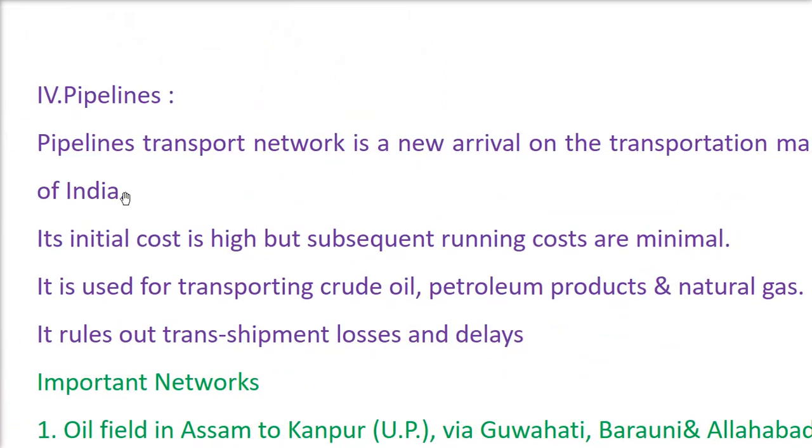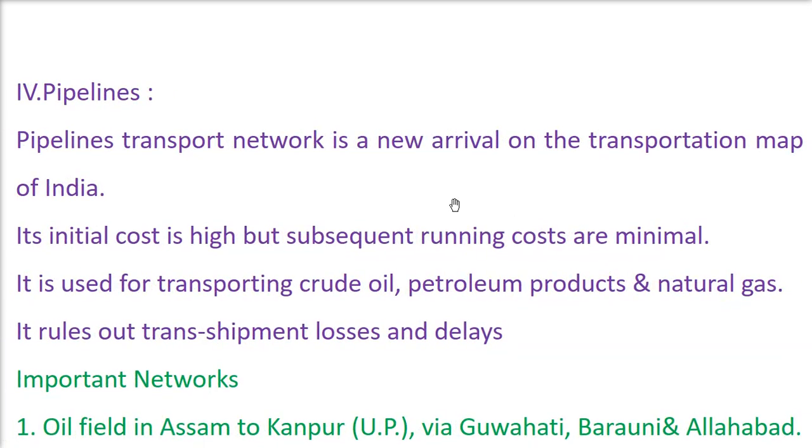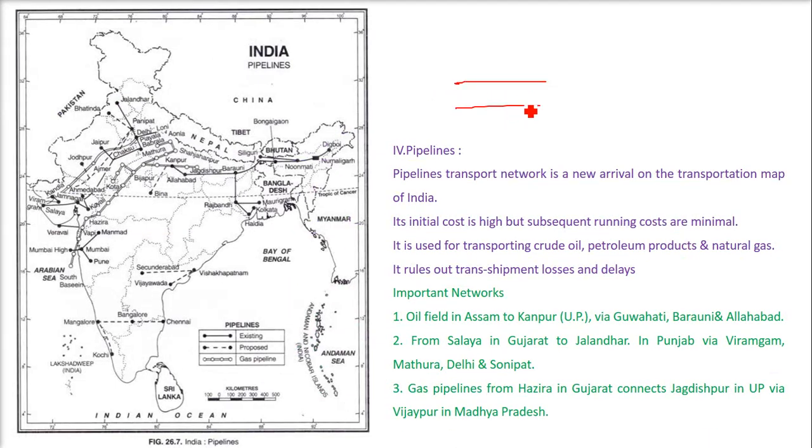Now pipelines, this is a new transport network. It's a new arrival on the transportation map of India, because generally we talk about the road, rail and airways, but here the pipeline is fixed. The content here may be gas, or solid can also be transformed into liquid form.